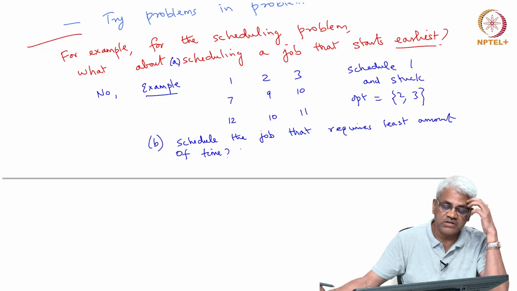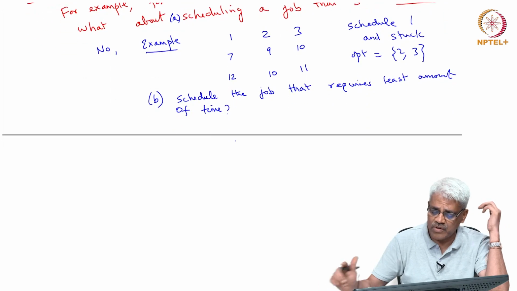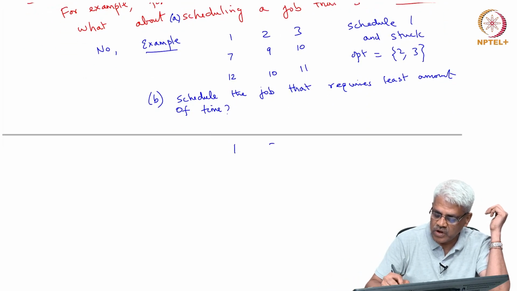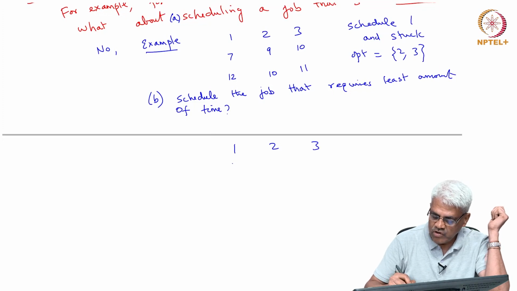Does that work? No. Again, you can come up with a very simple example. 1, 2, 3. Let's say I have 4 and 8.